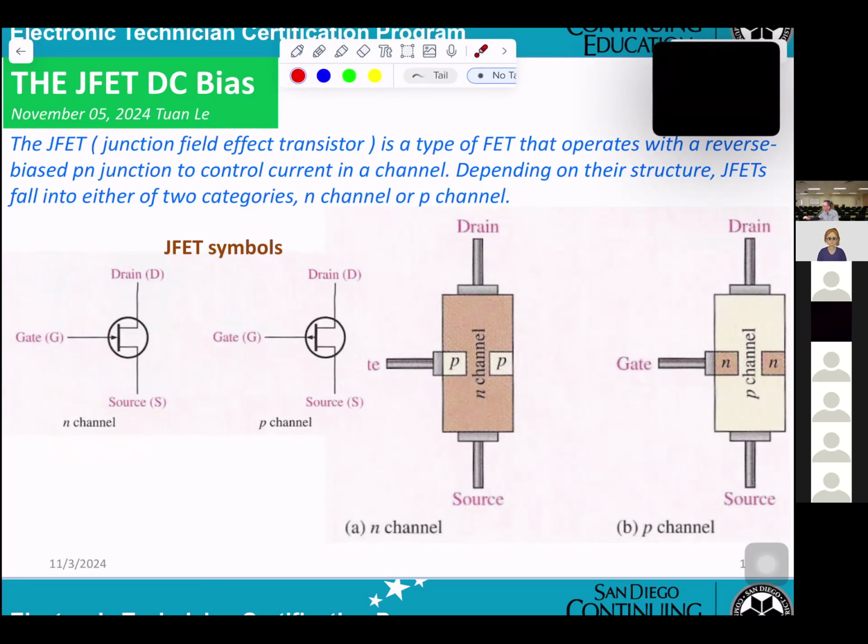The arrow on the gate is pointing inward. Exactly. You can see this is the gate arrow pointing in for N channel, and this is the gate arrow pointing out for P channel.